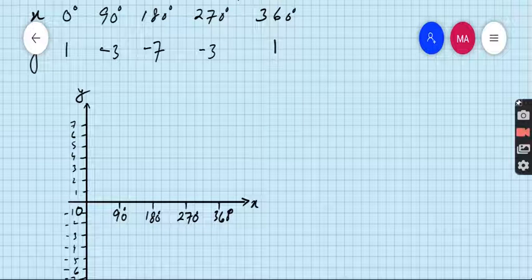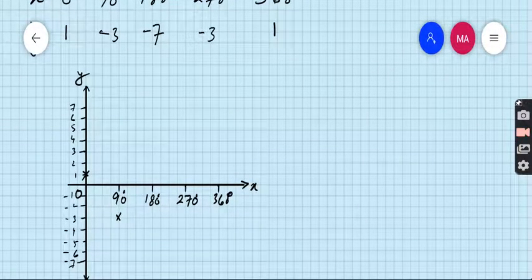So for 0, the value is 1. For 90, the value is minus 3. For 180, the value is minus 7. For 270, the value is minus 3.